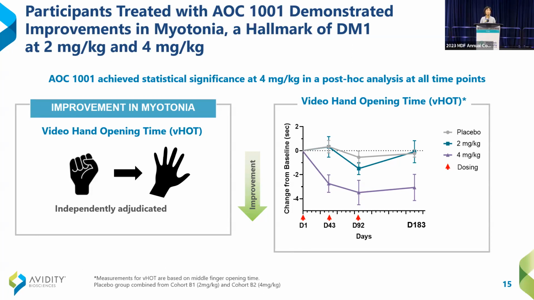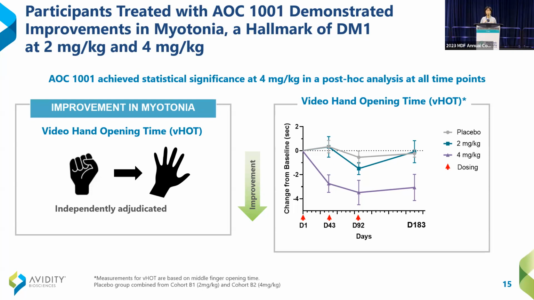The way it's done is by asking the participant to squeeze their hand very tightly for 3 seconds, and then to release as quickly and fully as they can. This is recorded on video and then rated by 2 blinded raters. The duration it takes for the hand to open is summarized on the right-hand side of the slide.